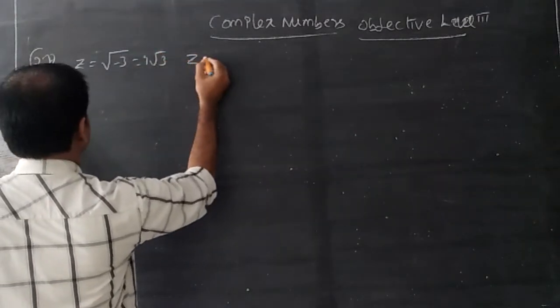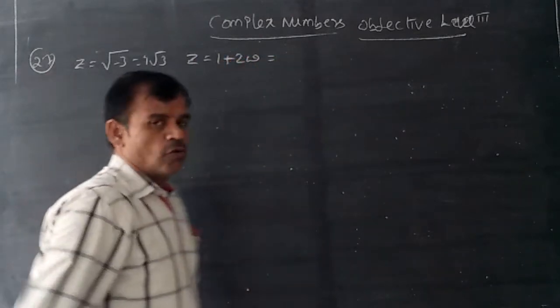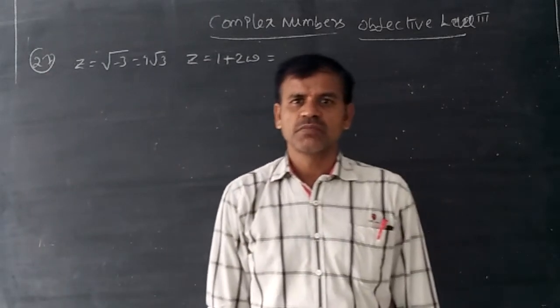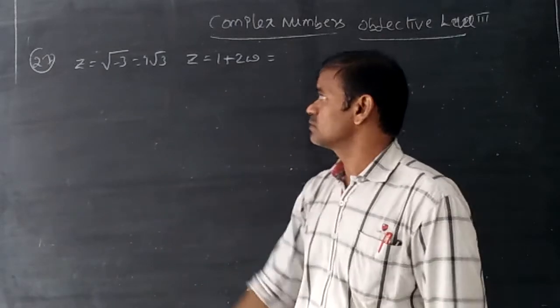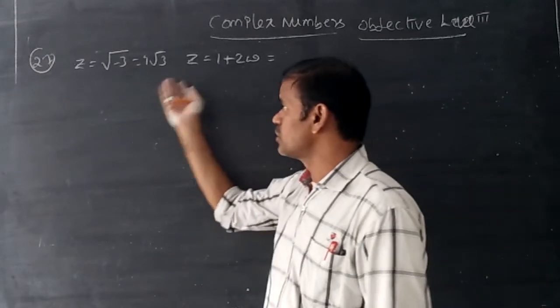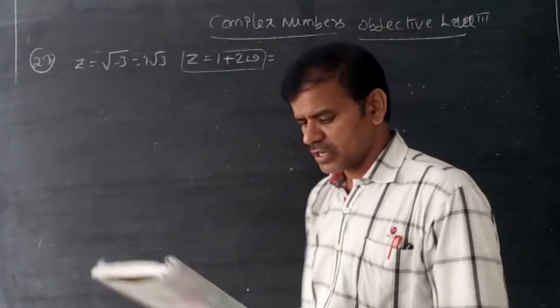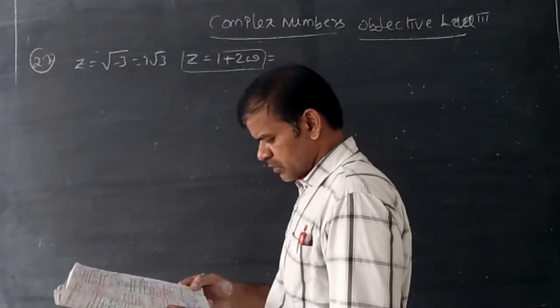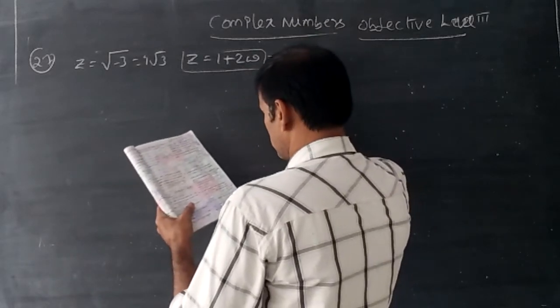He has given that z is equal to 1 plus 2 omega. The value of omega is minus 1 plus i root 3 by 2, so the 2 gets cancelled: minus 1 plus i root 3, and 1 minus 1 becomes 0, leaving i root 3. There is no need to do more. Simply z is equal to 1 plus 2 omega, and also he has given that it is equal to i root 3.